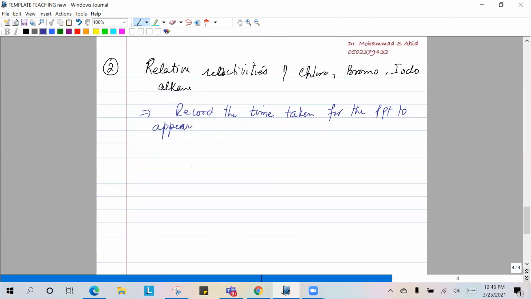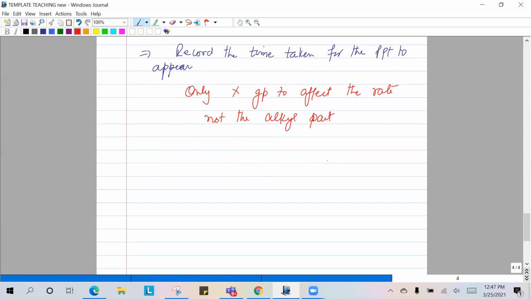The second thing is, since I want only the X group to affect the rate, not the alkyl part, what we do is we take a similar alkyl group.